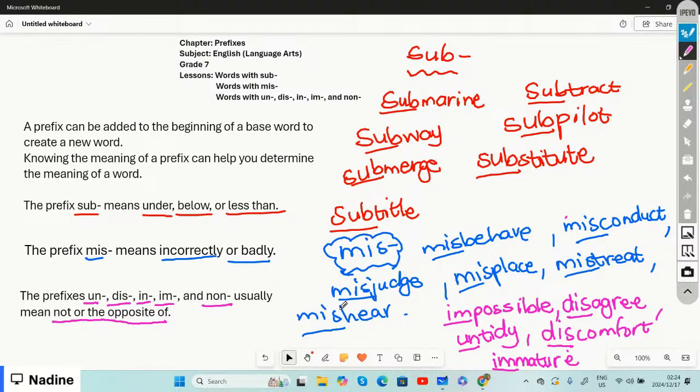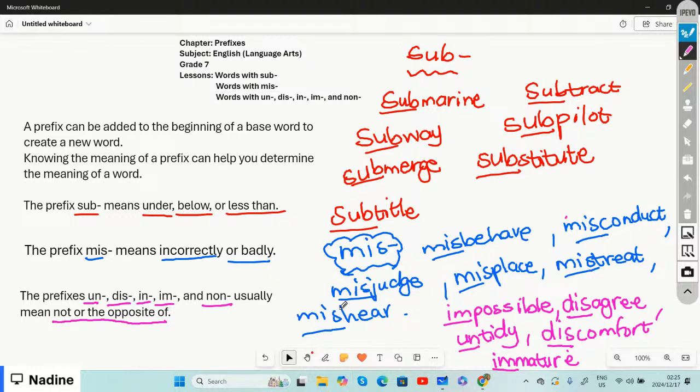I even underlined all the prefixes because they can be added to the beginning of the base word. That is basically to create a new word. And knowing the meaning of a prefix can help us to determine the meaning of the new word that is being created.